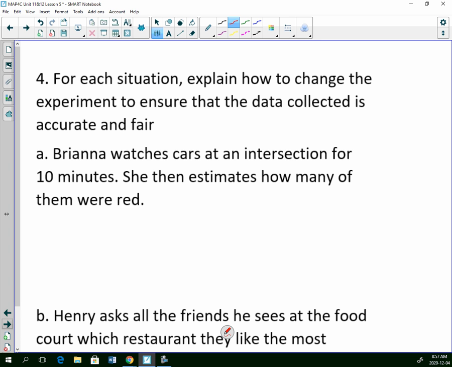You think 10 minutes is long enough? So if you wanted to make an observation and conclusion on how many people owned the red car and you sat at a corner for 10 minutes, would you think that would be an accurate, might be a reasonable estimate, right? Counting, but you might want to either stay longer or you might want to come back on another day, right? So you're only getting a small snapshot.